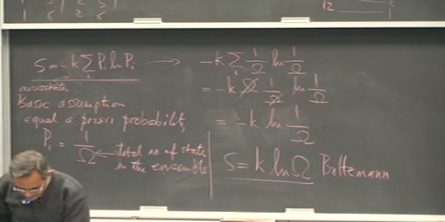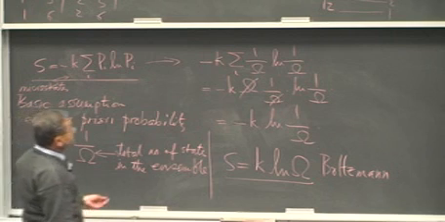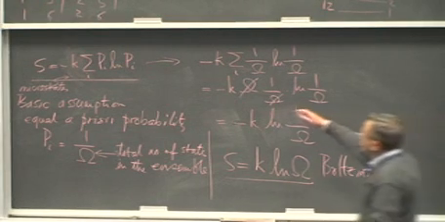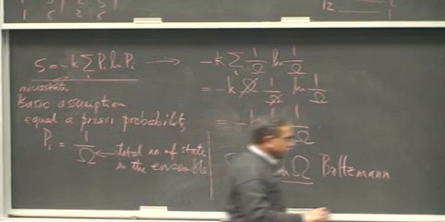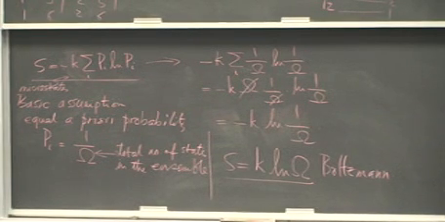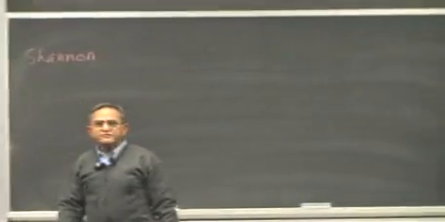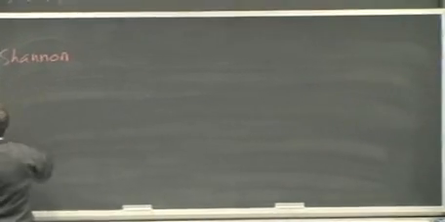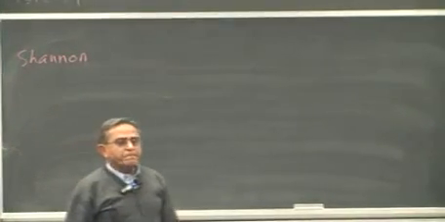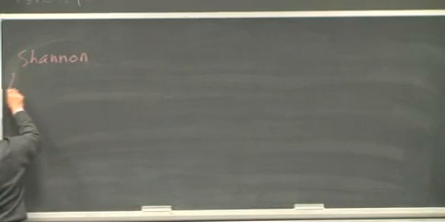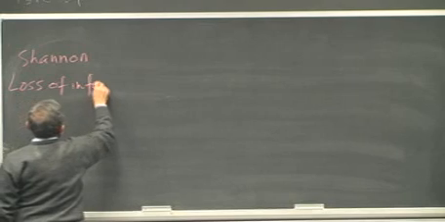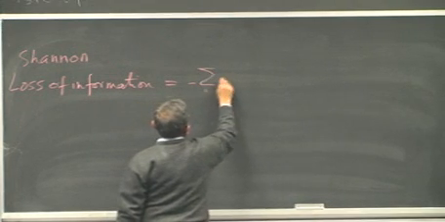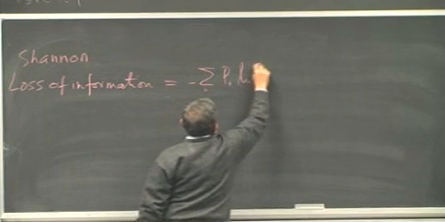The reason being that actually there is something else also which has this shape, and this was shown by somebody called Shannon in about 1940 or 1945 or so, when he said that in information theory, loss of information is equal to minus sum over I pi log pi.